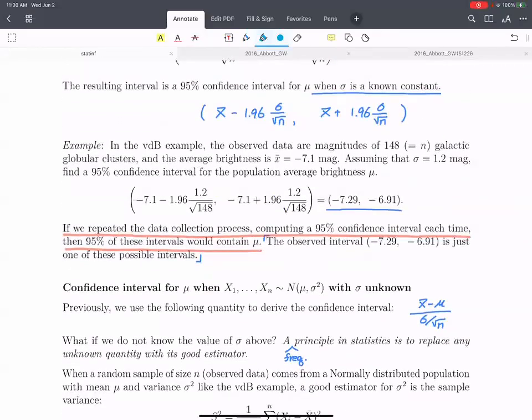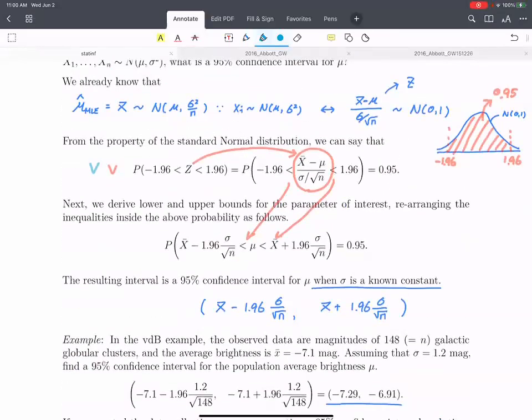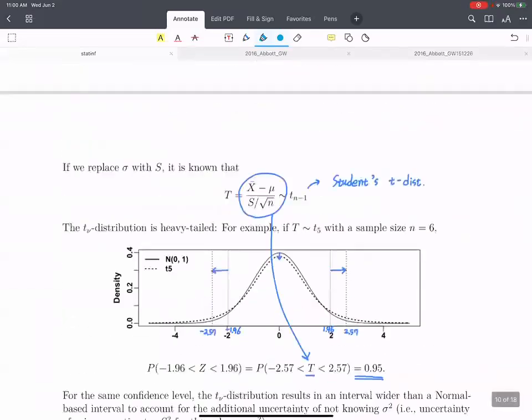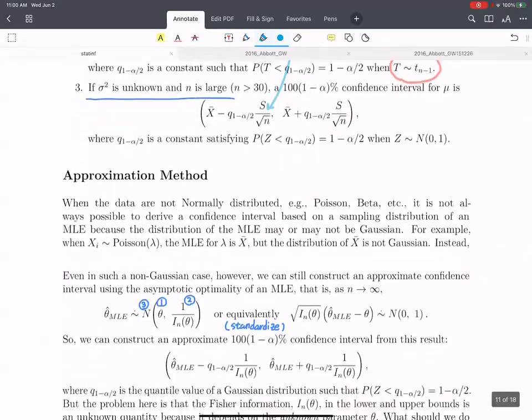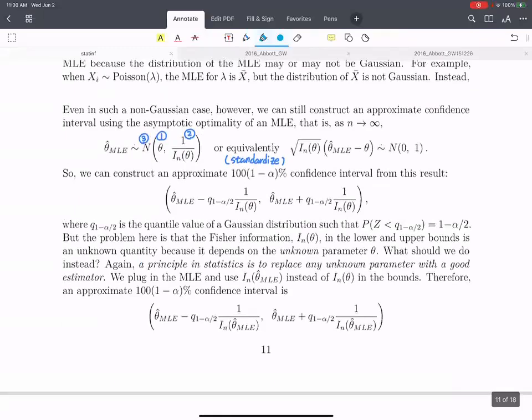So from that inequality, sorry for moving too fast, after we replace Z with the standardized MLE, we rearrange the inequalities so that we have lower and upper bounds of the parameter of interest. That's what happens here to get this specific 100 times (1 minus alpha) percent confidence interval.